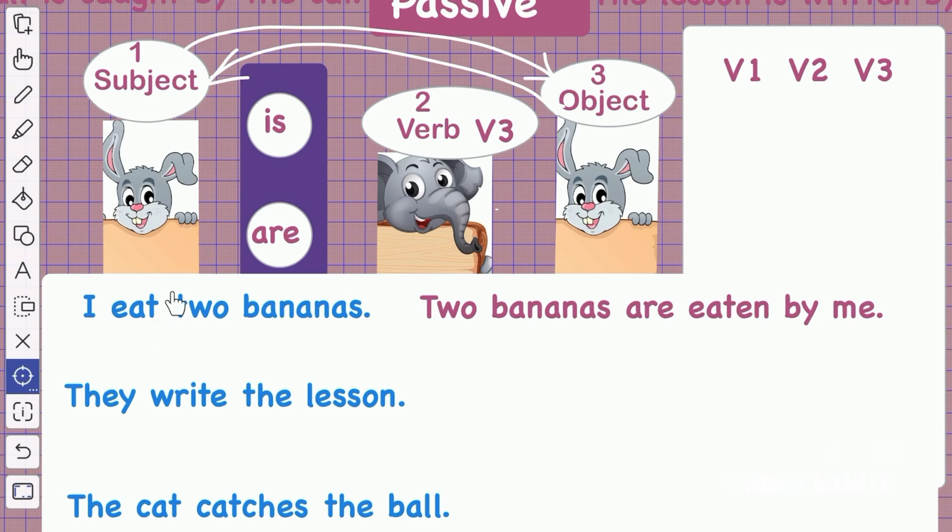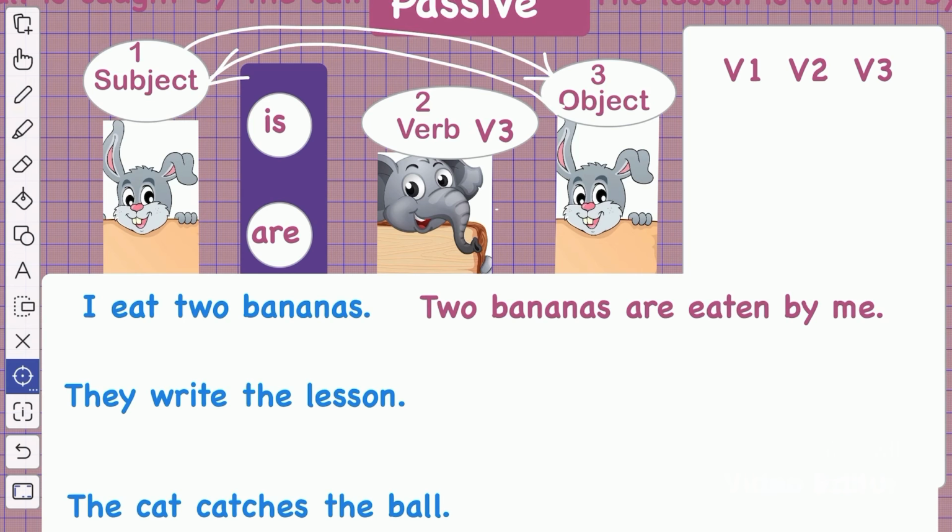What is the V3 of eat? Eaten. And then I will write by, and then I will write the subject. Can I say here the pronoun I? Can I say eaten by I? No, eaten by me. I will be changed into me. Very good.